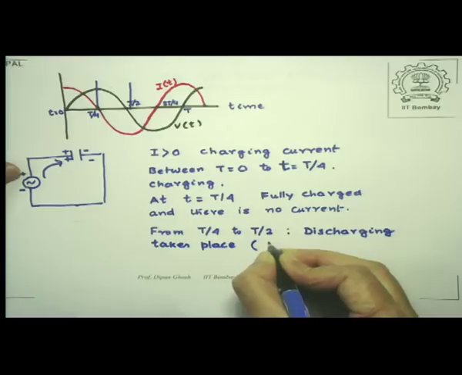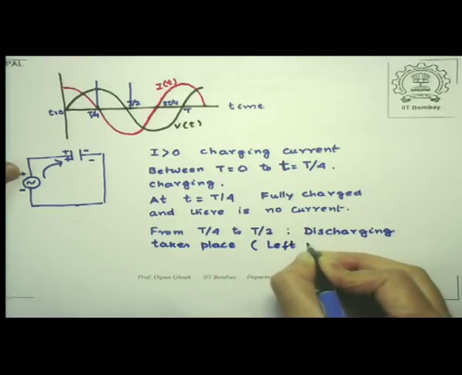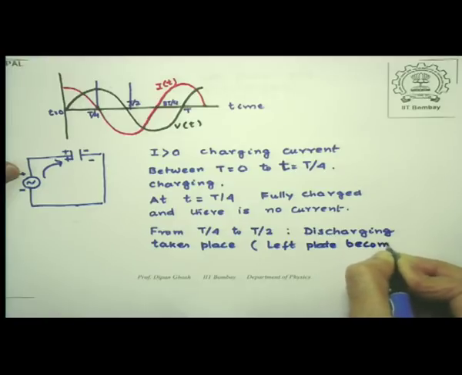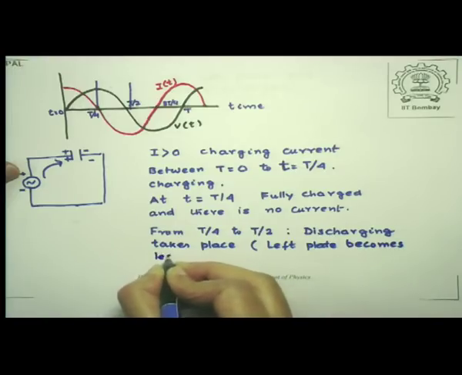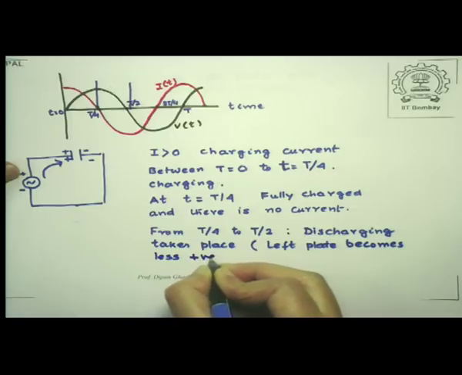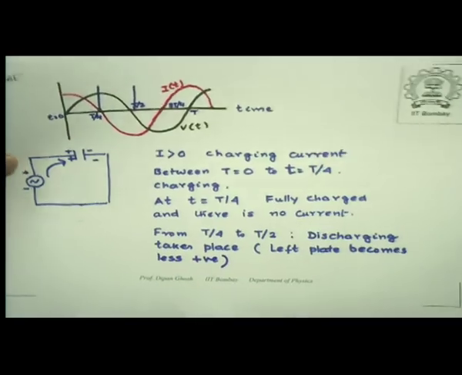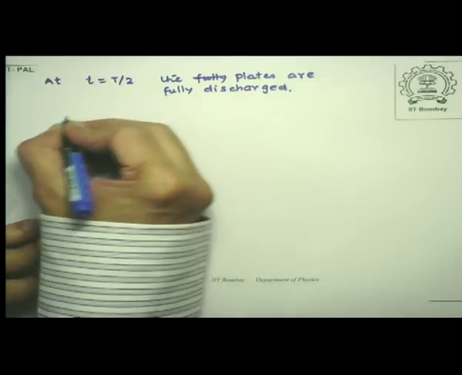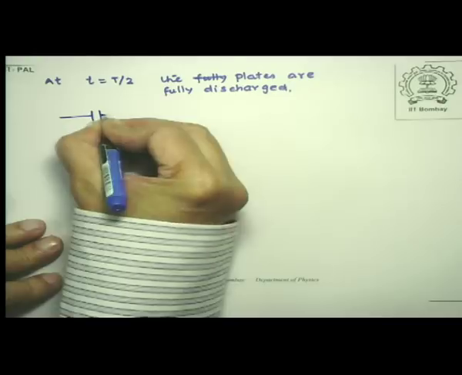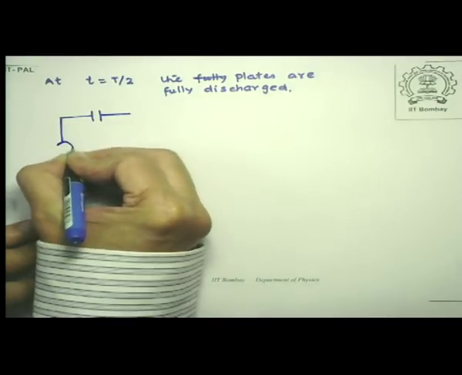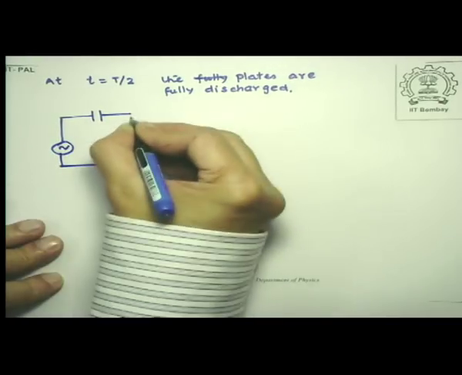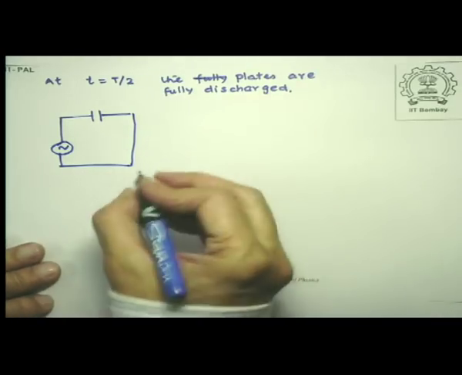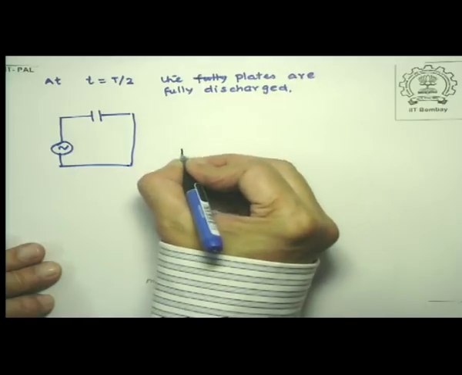So the left plate becomes less positive, and naturally the right plate becomes less negative. So the situation at that time is this, that I have two plates which have no charge, and this is my source there. Now let us go from T by 2 to 3T by 4.